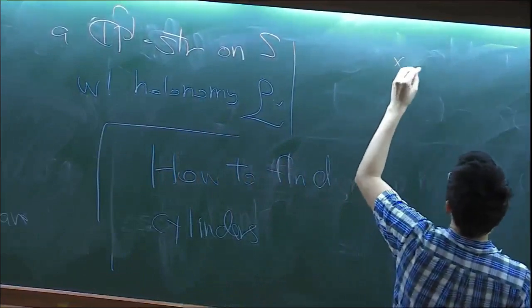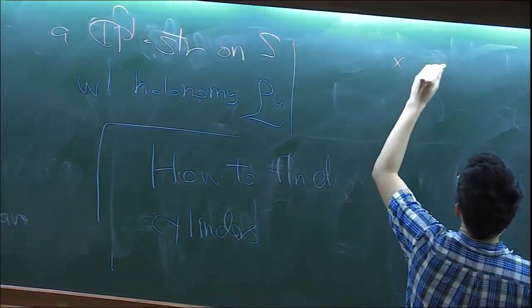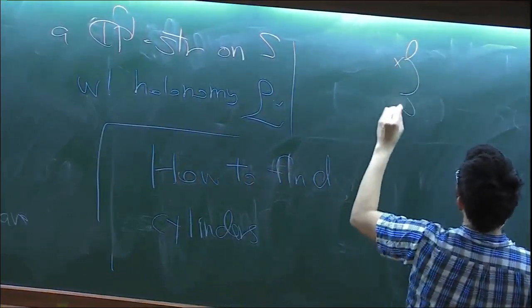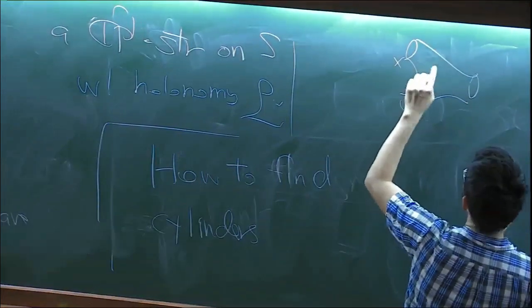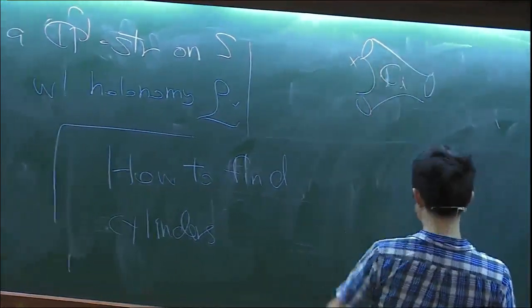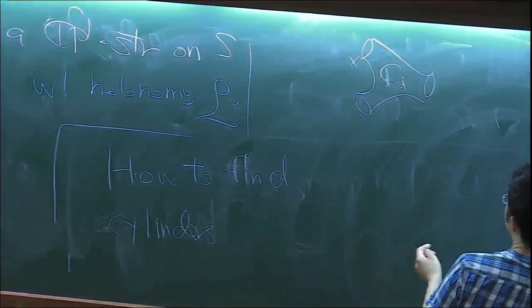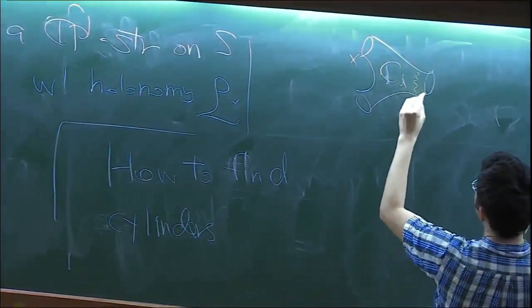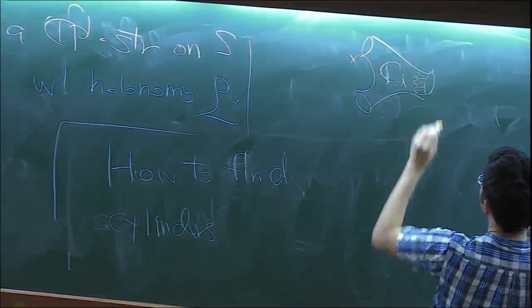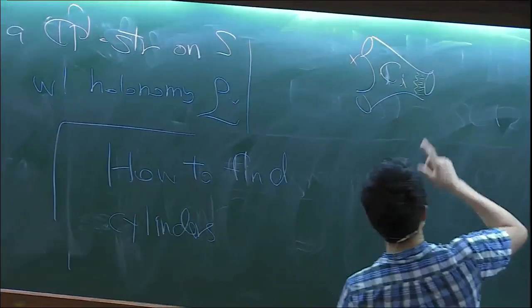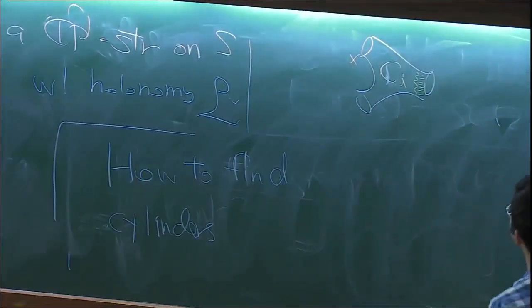Okay, so first, we already have the CP1 structure on the pair of pants, and we look at the neighborhood of this pair of pants.